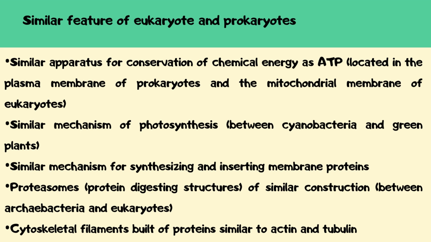They have similar mechanisms for synthesizing and inserting membrane protein. The proteasomes, which are protein digesting structures, have similar construction between the archaebacteria and eukaryotes. And finally, the cytoskeletal filaments are built of proteins similar to actin and tubulin.